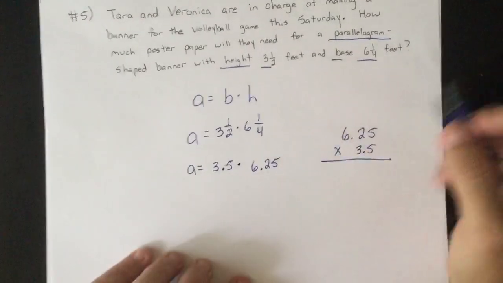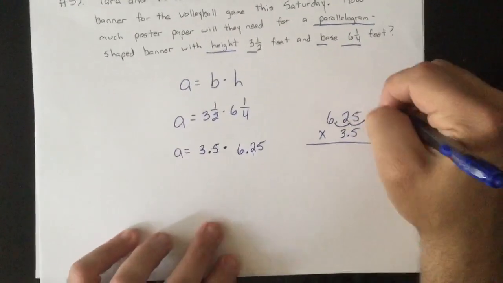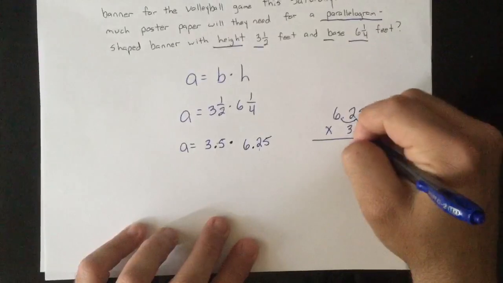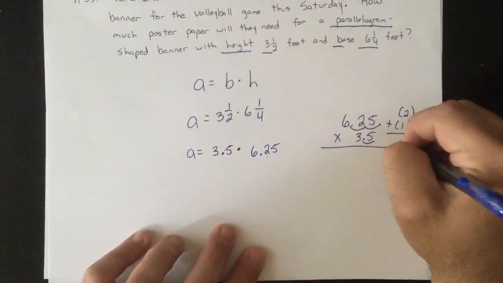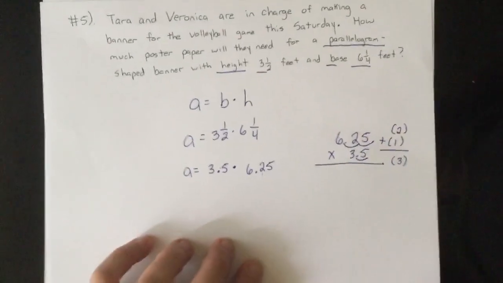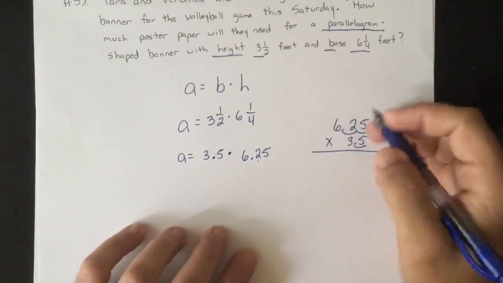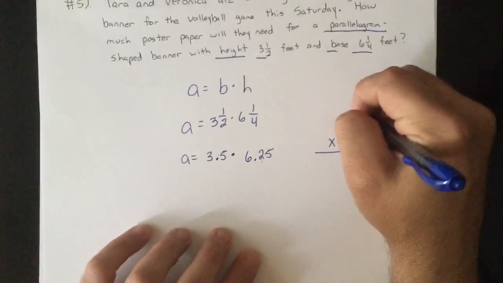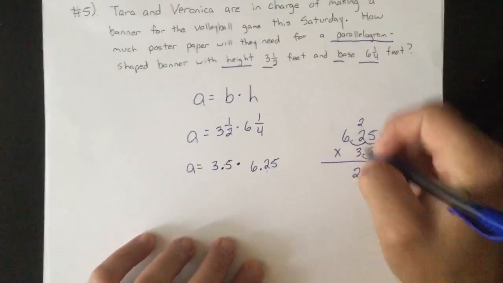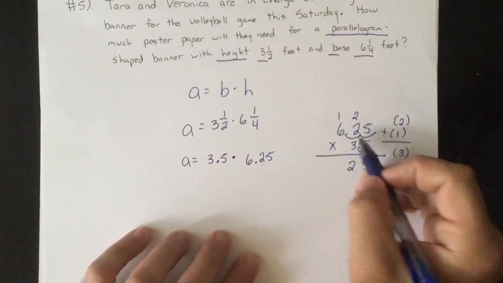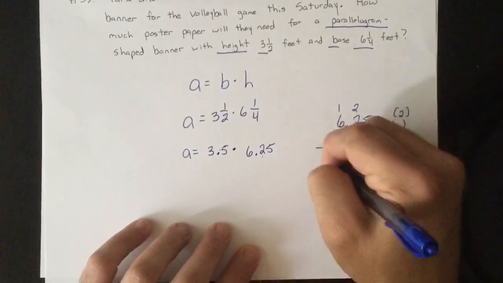Just like on the last one, start by moving your decimals to the back. So 2 movements plus 1 movement. That's 3 total movements. 5 times 5 is 25. 5 times 2 is 10, plus 2 is 12. 6 times 5 is 30, plus 1 is 31.